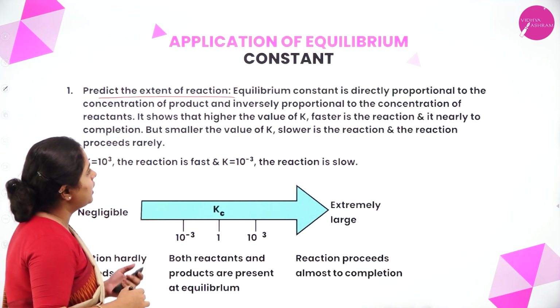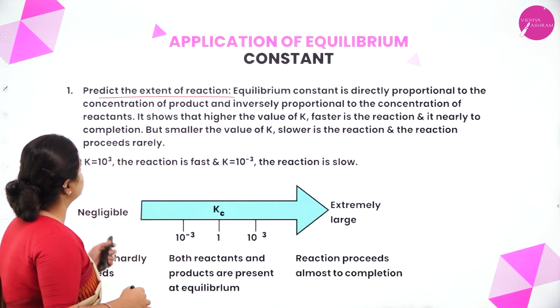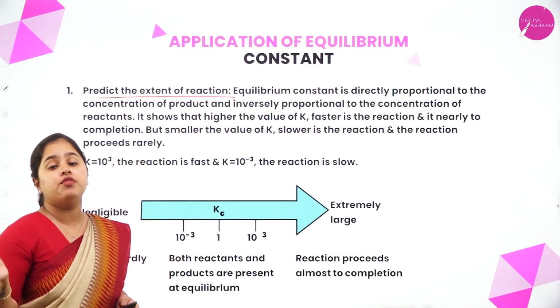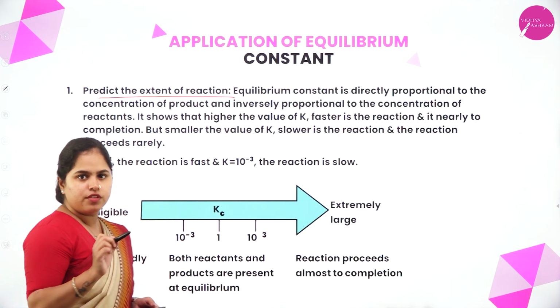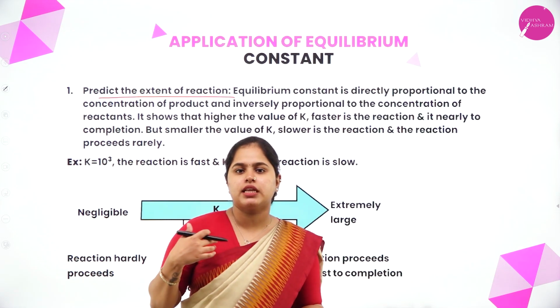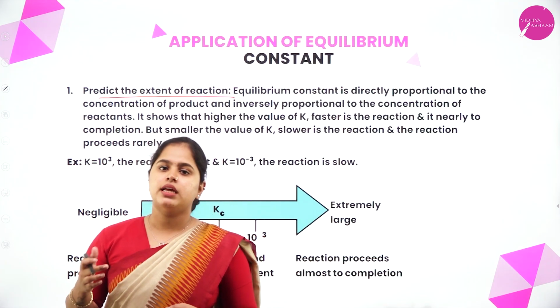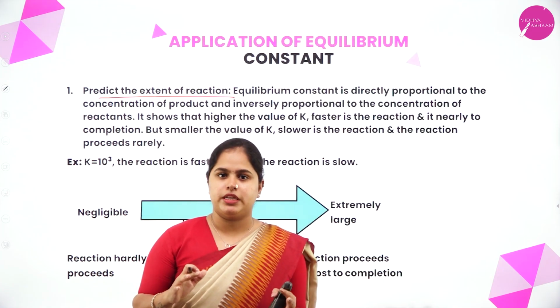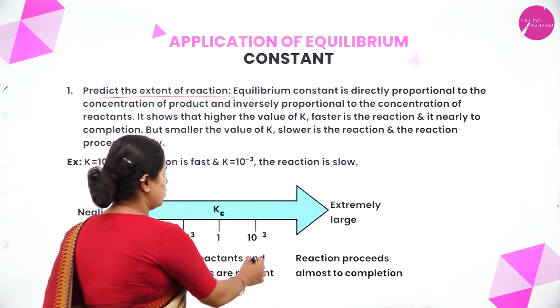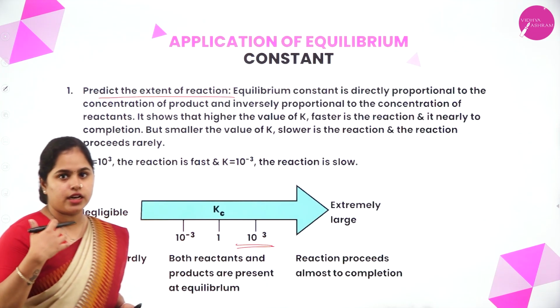Equilibrium constant is directly proportional to the concentration of products and inversely proportional to the concentration of the reactants. That means if the value of Kc, the equilibrium constant, is high, the reaction is almost near completion.